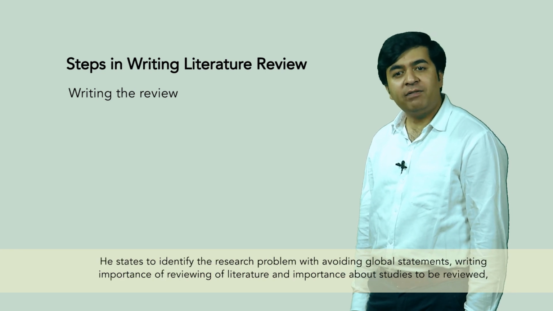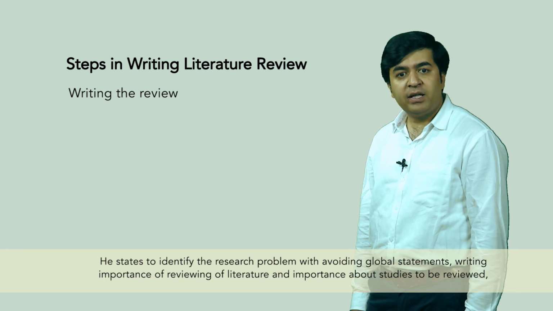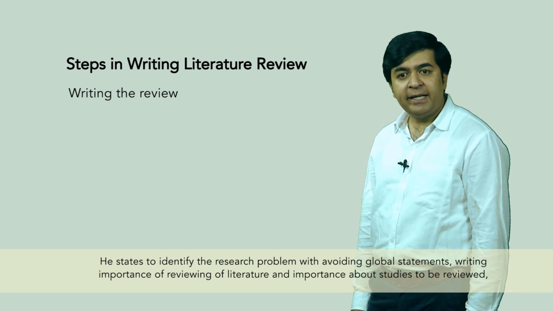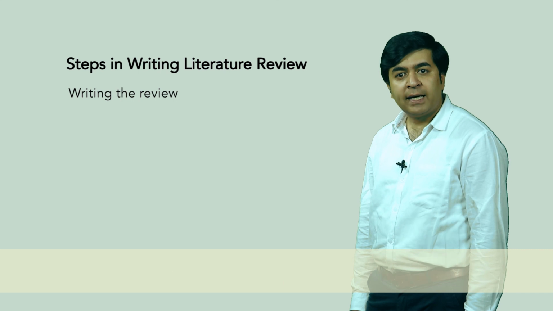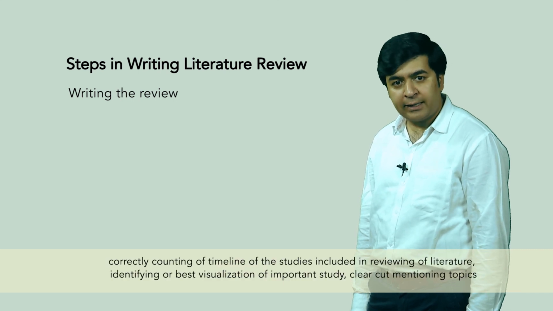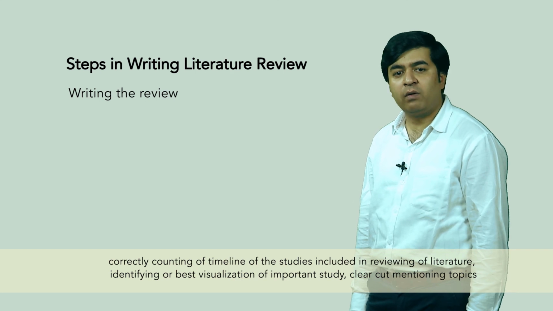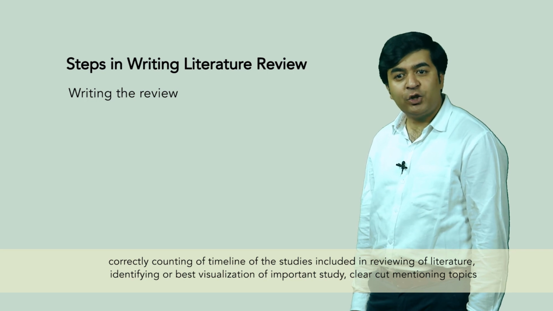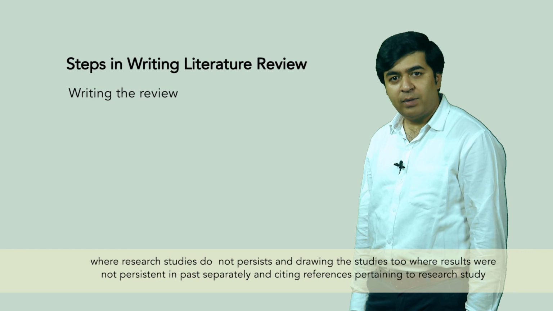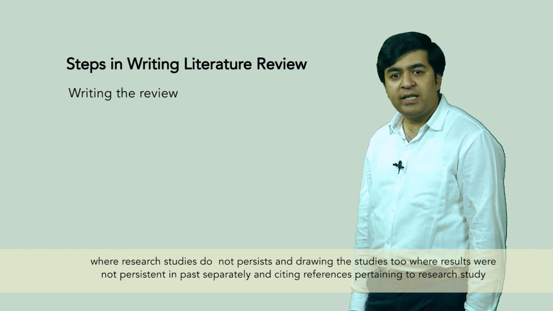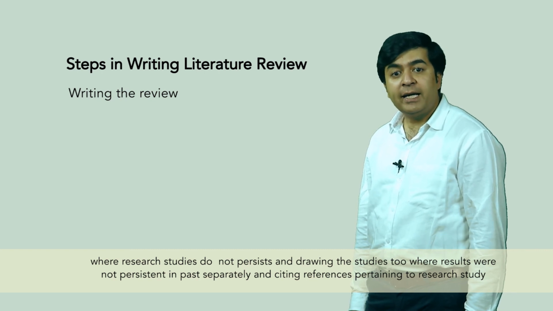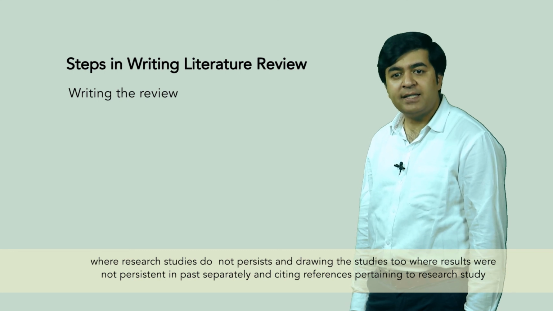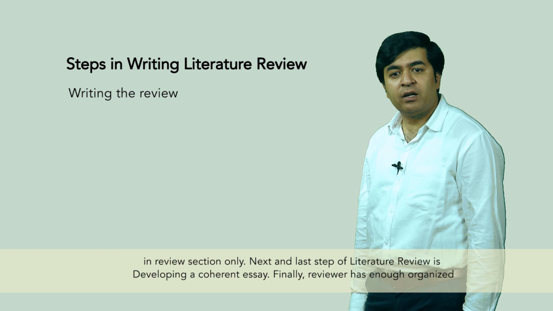He states to identify the research problem while avoiding global statements, write the importance of the review of literature and the importance of the studies to be reviewed, correctly count the timeline of the studies included in the review of literature, identify or best visualize important studies, clearly mention topics where research studies do not exist, draw separately the studies where results were not consistent in the past, and cite references pertaining to the research study in the review section only.